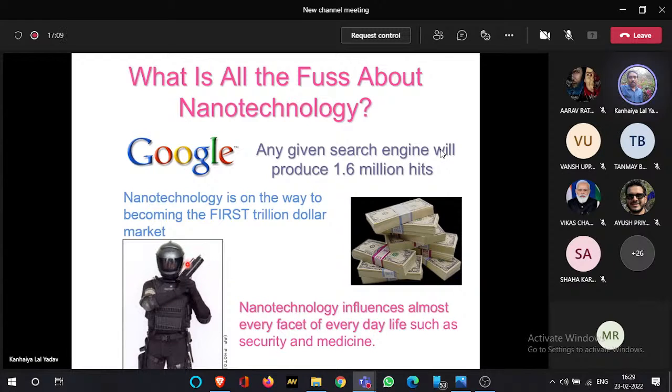Can anybody tell in the defense area where this nanotechnology might be used? Kevlar is there. Then transmission, in every defense. Suppose some enemy plane or missile is coming, you have to get the information, take a decision, and fire at it.